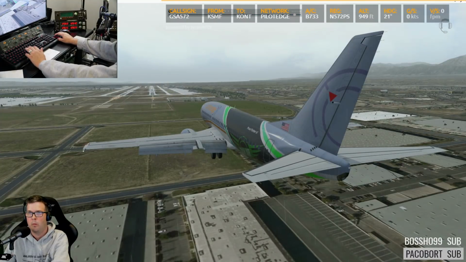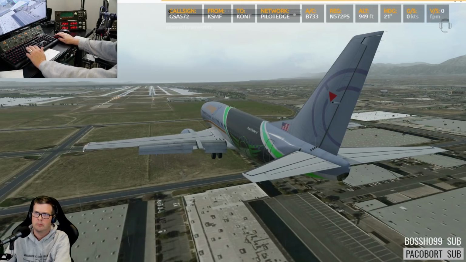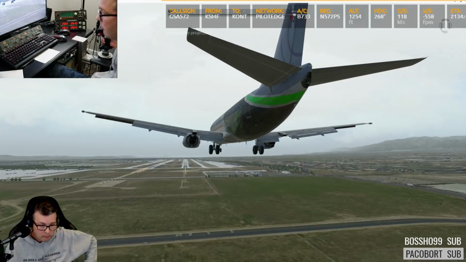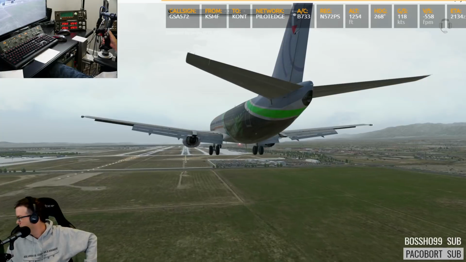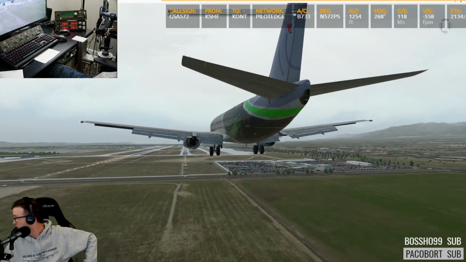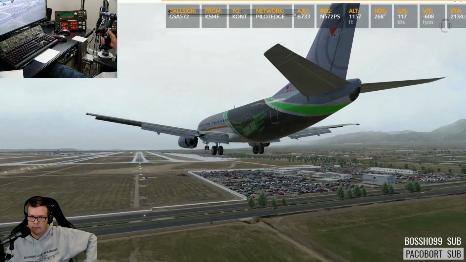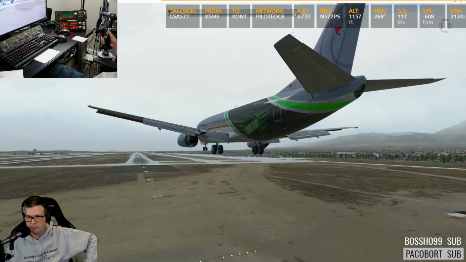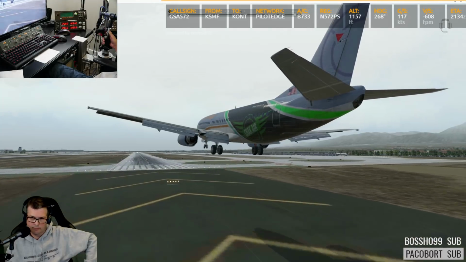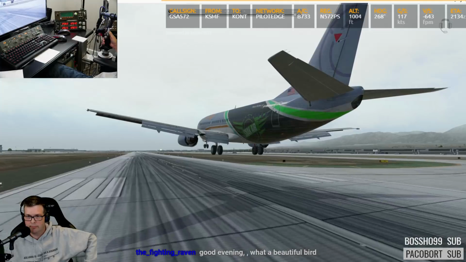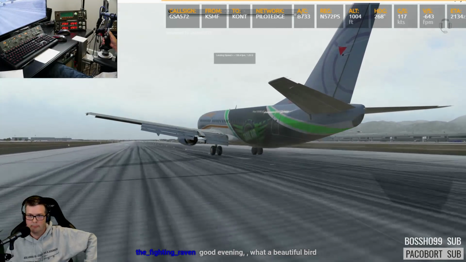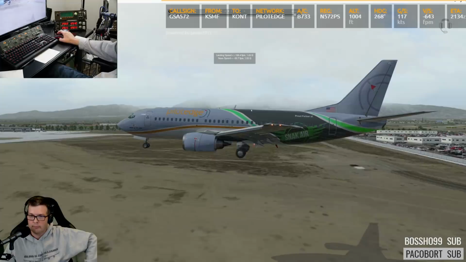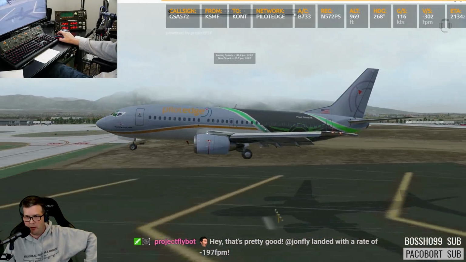There we go, baby. That's a cool view. It's cool how X-Plane is put in the proper mist, rain.